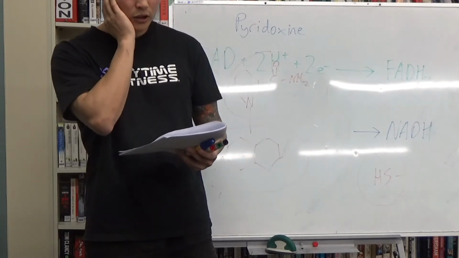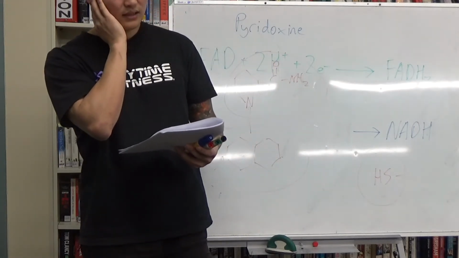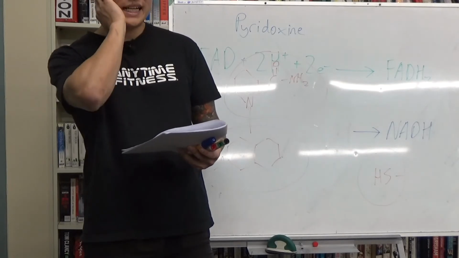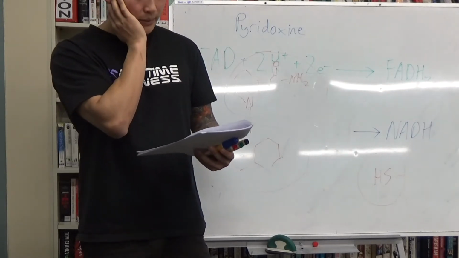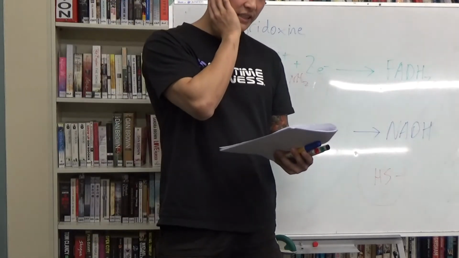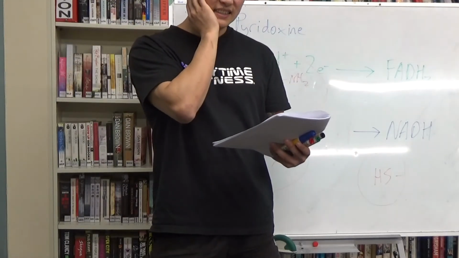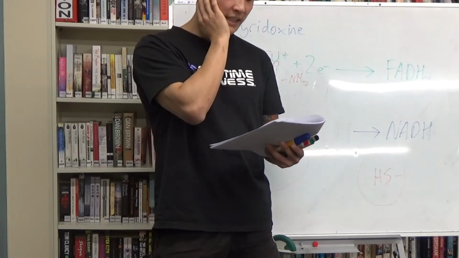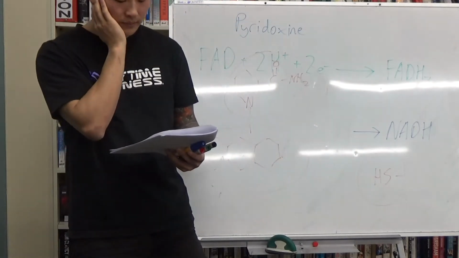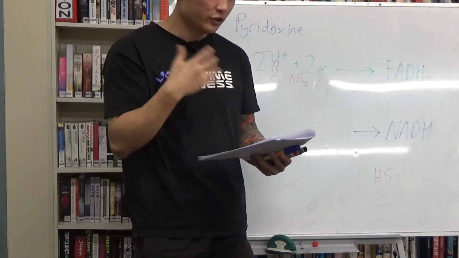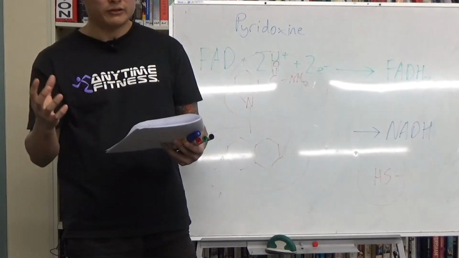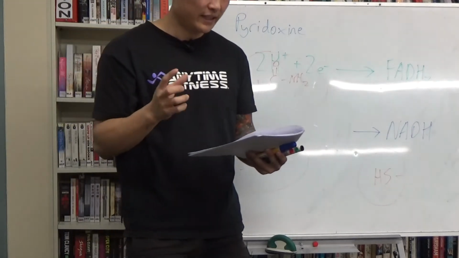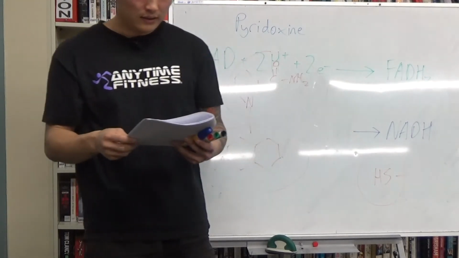And coenzyme A? Yep, that's pantothenic acid. And TPP is thiamine pyrophosphate, so that should be pretty easy. Yep, number 5, thiamine. You should also remember the number of those as well. So thiamine would be B1, niacin is B3, and so on.